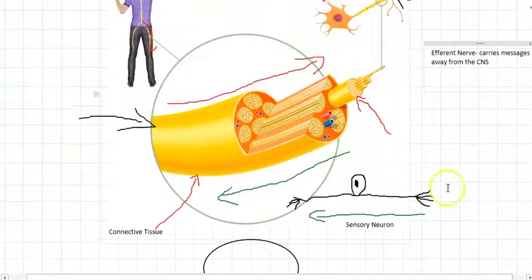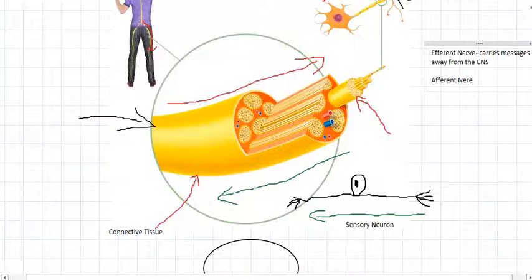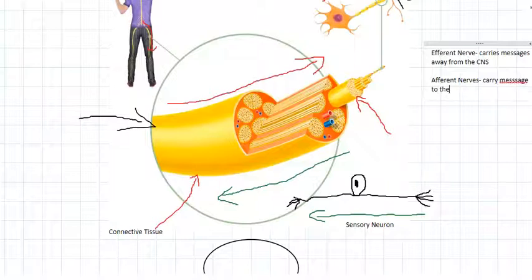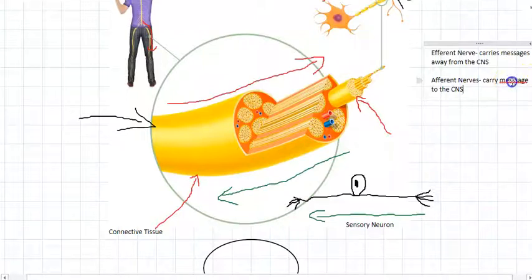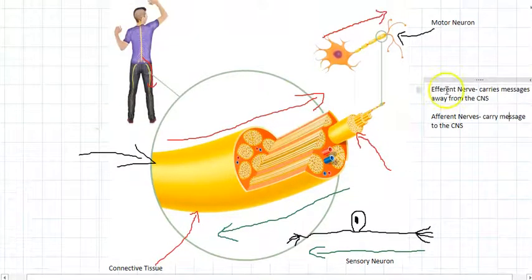And then nerves that are made up of sensory neurons, they carry messages from the receptors back up to the central nervous system, and they're called afferent nerves. They carry messages to the central nervous system. All right.